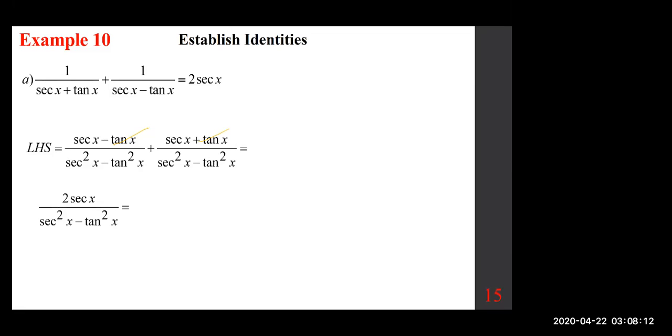Can anybody tell me what happens next? Anyone? Secant squared. Any Pythagorean identity comes to mind? Yeah, tan squared plus 1 equals secant squared.